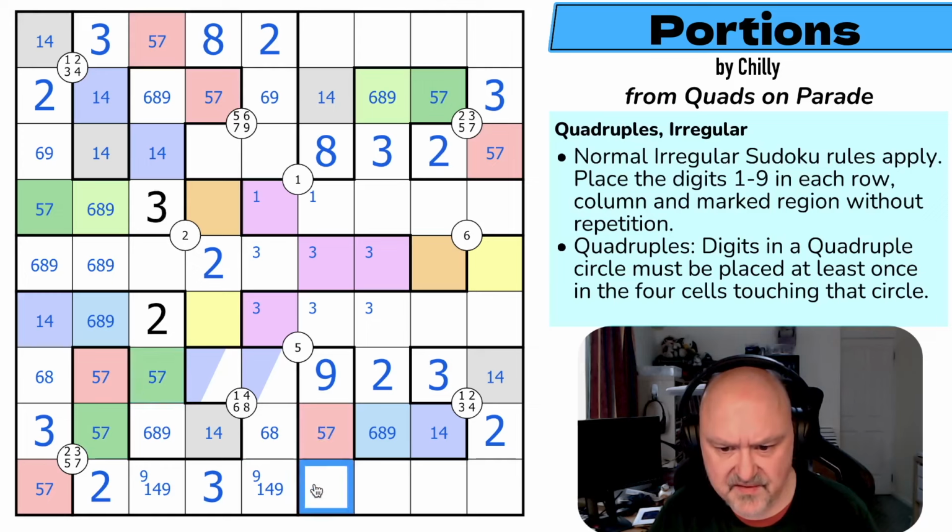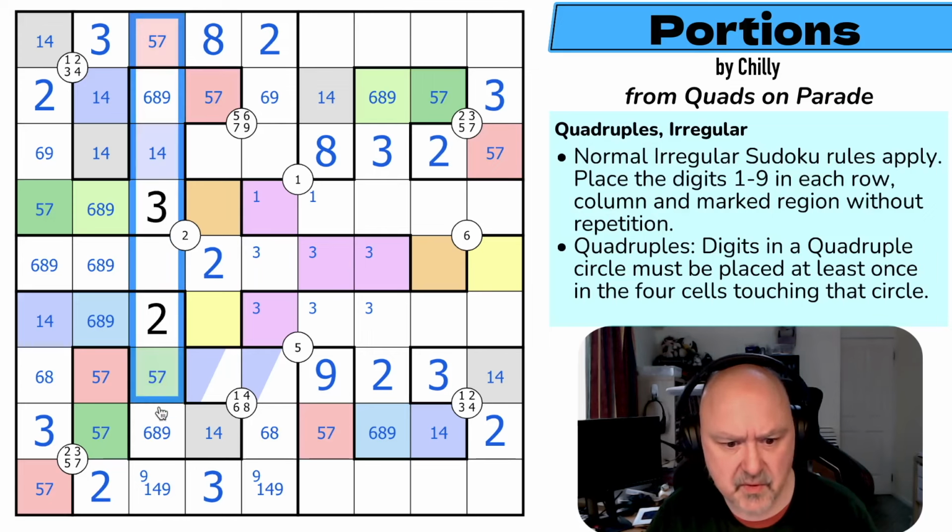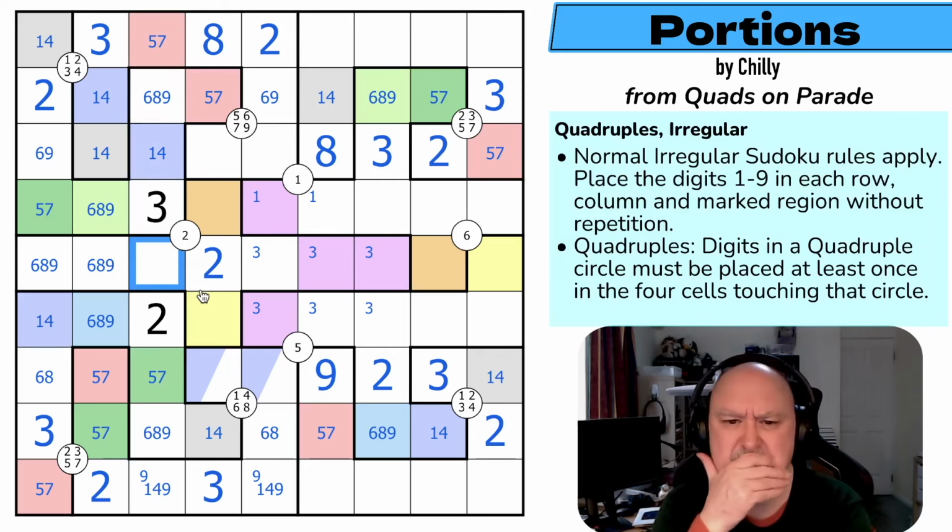The green 5, 7 is down here somewhere in one of those three. The grey 1, 4 is in one of those. Grey 1, 4 in this region is in one of those. So this can't be the grey 1, 4. Which it couldn't anyway. Actually, neither can those. So the grey 1, 4 is in one of those, but it's not there. Actually, where's the grey 1, 4? Oh, it could be there. That's not it.